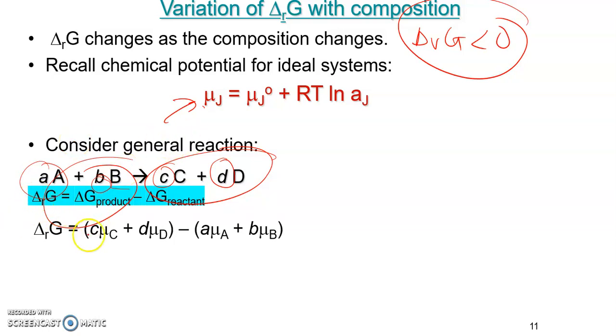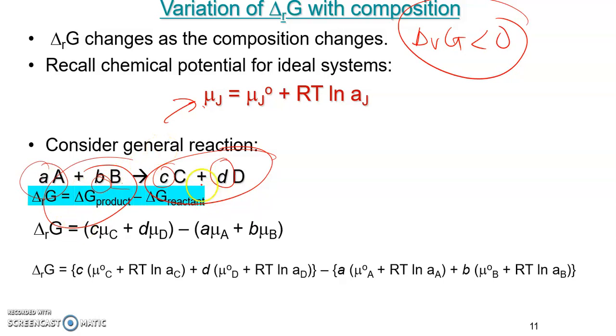So delta Rg equals C mu C plus D mu D minus A mu A plus B mu B, where C is the coefficient of each of A, B, C, and D, and mu C is the chemical potential of each species in our reaction.